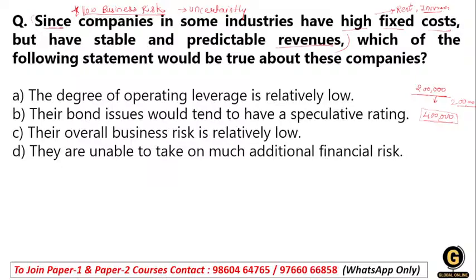Understand? So fixed cost is higher, but still the company has stable and predictable revenue, it means the company has no business risk, or at most a low business risk. Okay, now I'm reading one option and I will explain each and every option to you, so that will help you understand what will be right for this question.